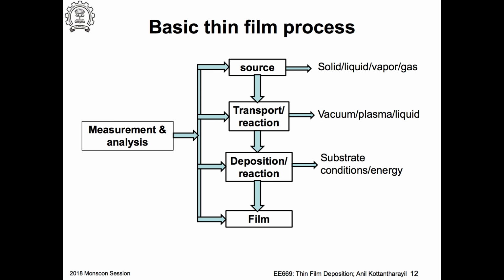This source can be a solid, liquid, vapor or gas, and the transport medium can be vacuum, plasma or a liquid. Substrate conditions are important for deposition, so you need to control this. Then you get the film, and you need to do measurements of all these things at every stage, especially in research.